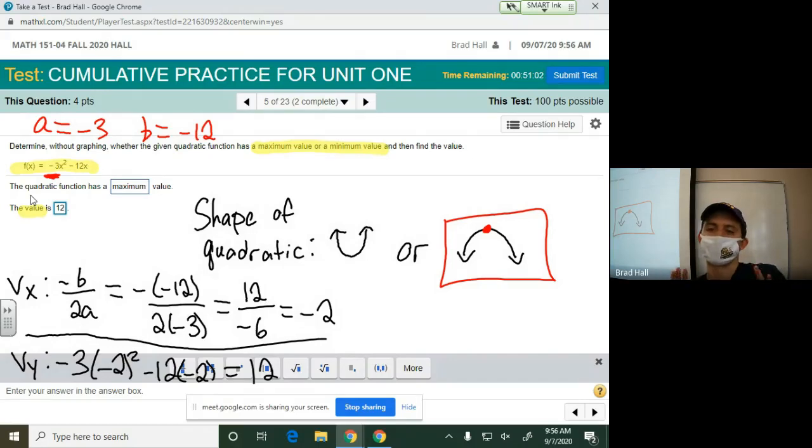If they don't specify anything, then anytime they say value, they want a y coordinate. Sometimes they might say the value of the x, or the x value, and then that would tell you to find the x. But if it's value by itself, that's the y coordinate, the y coordinate of the vertex in this case. So that is the criteria. That is sort of the context behind how to distinguish one from the other.